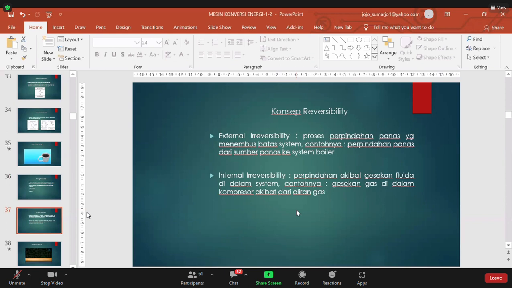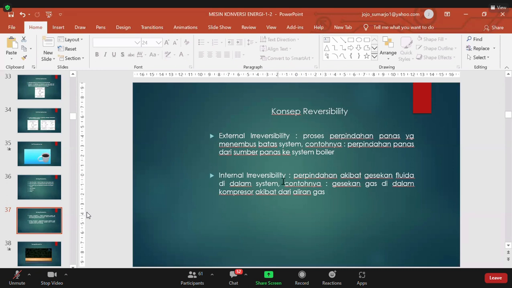Nah, konsep irreversibility itu ada yang external irreversibility dan ada internal irreversibility. Jadi external irreversibility adalah proses perpindahan panas yang menembus batas sistem. Contohnya perpindahan panas dari sumber panas ke sistem boiler.